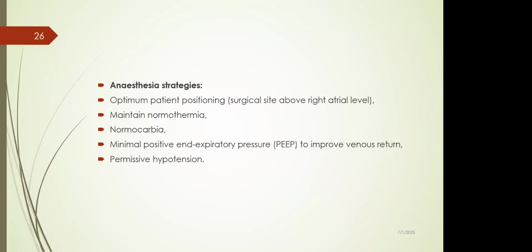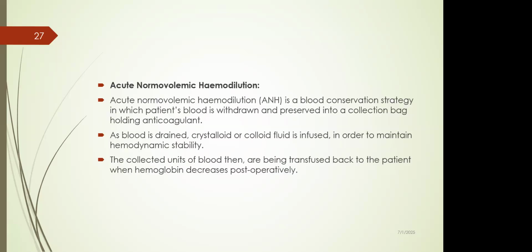For the anesthetic strategy to minimize blood loss, optimal patient positioning is advocated so that the site of surgery is above the right atrial level where possible, and then maintain normothermia, maintain normocarbia, and minimal positive end expiratory pressure, and then can also use permissive hypotension, which will minimize blood loss.